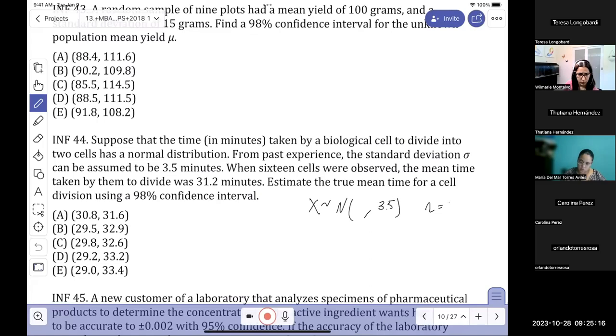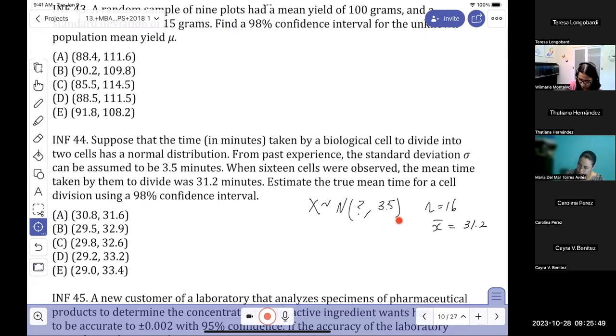When 16 cells were observed, the mean time taken by them to divide was given. So this is a sample. Estimate the true mean for cell division using a 98% confidence interval. So you don't know mu, but you have the sigma.